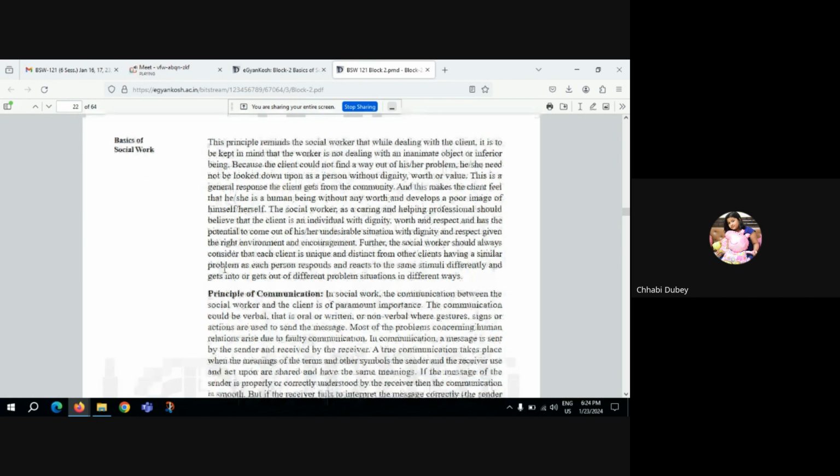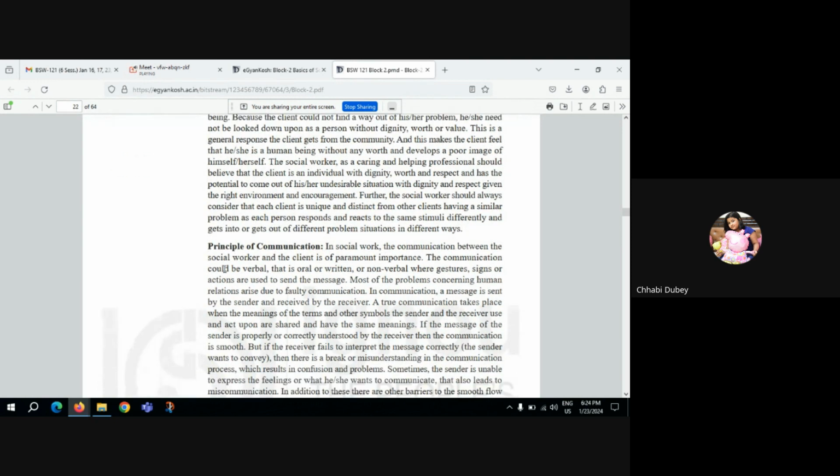Then comes the principle of communication, which means that the communication between the social worker and the client is of paramount importance. There should be a very direct chain of social work communication between the client and the social worker.